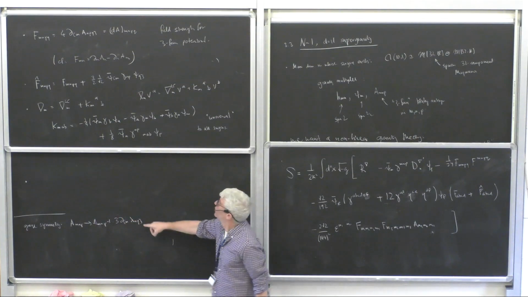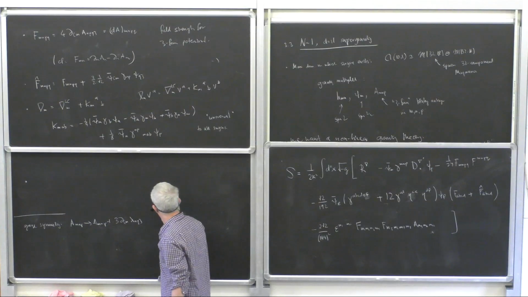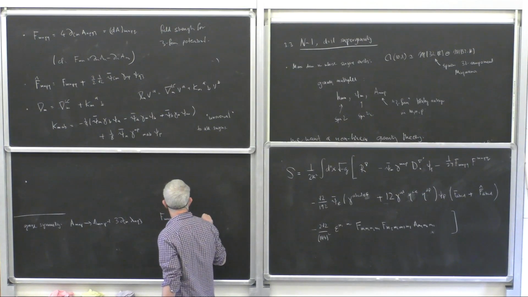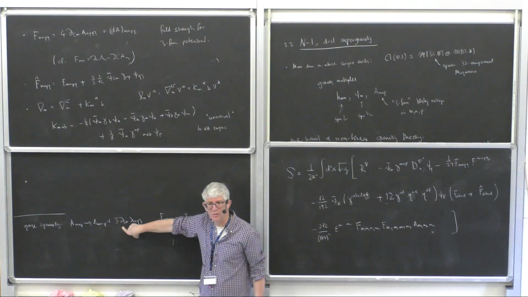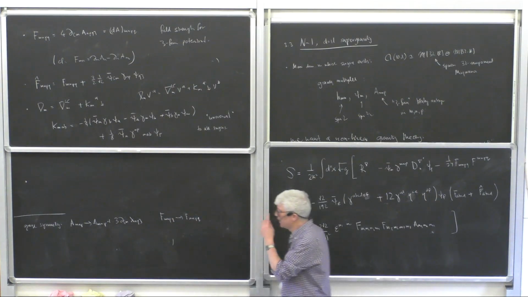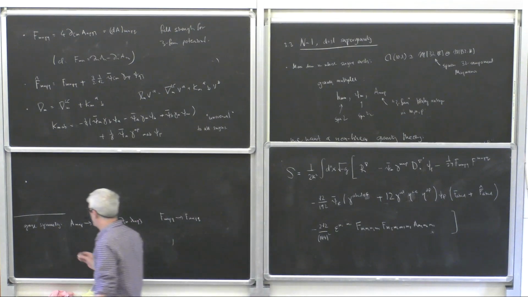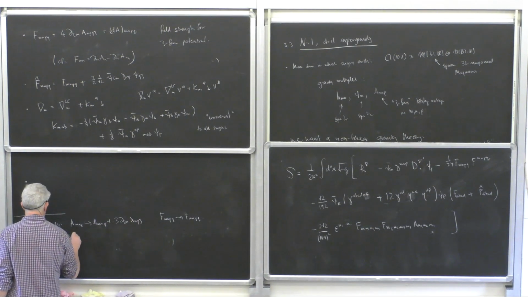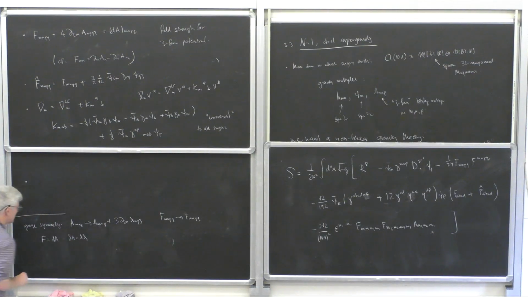Because I put that in the field strength, F_MNPQ doesn't change, because the two derivatives will cancel since it's anti-symmetrized. You should compare F equals dA and delta A equals d lambda. That's what we're saying in form language. And this could be a 1-form and a 2-form, or a 3-form and a 4-form. If it was a 1-form and a 2-form, that would be like electromagnetism. If it's a 3-form and a 4-form, it's what this is.